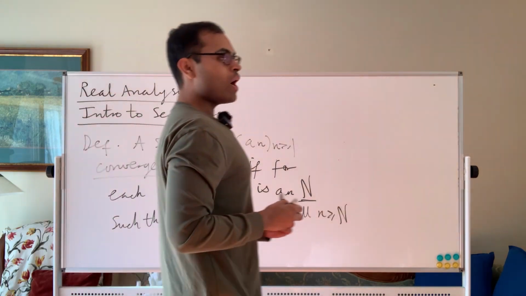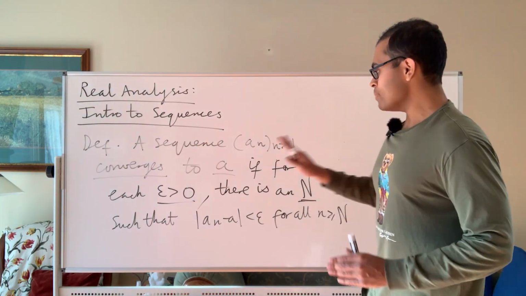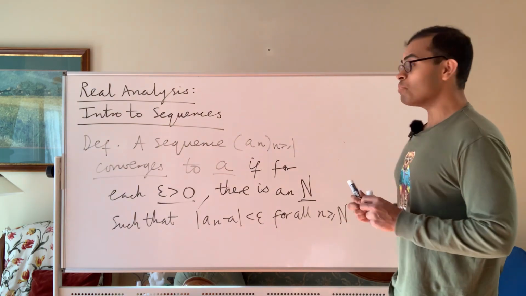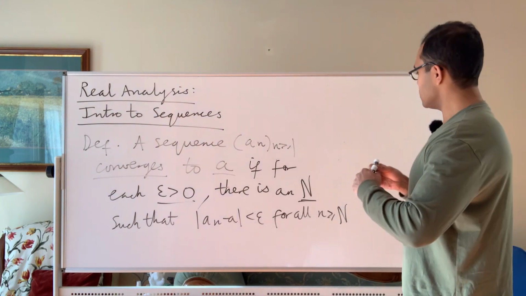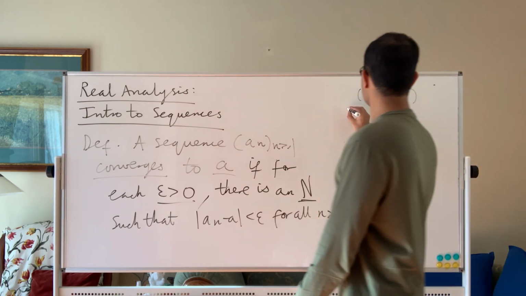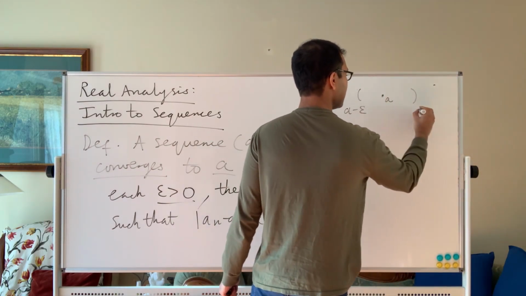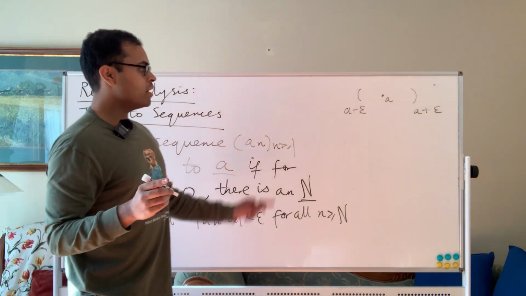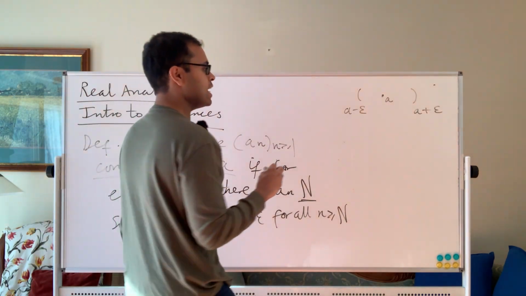So what this means is that no matter what epsilon you pick, which is some degree of specificity around the point A, where the sequence is converging to A, you take some small interval containing A which goes from A minus epsilon to A plus epsilon. What does it mean to say that a_n is in the interval?